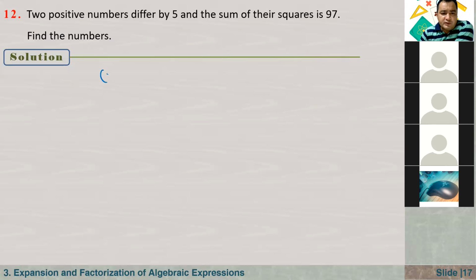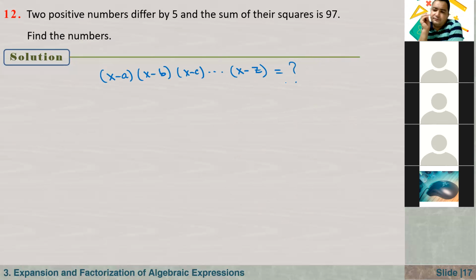Here we have the product (x minus a)(x minus b)(x minus c), dot, dot, dot. It continues here, and here we have x minus z. What is this product equal to? Just tell me the answer.